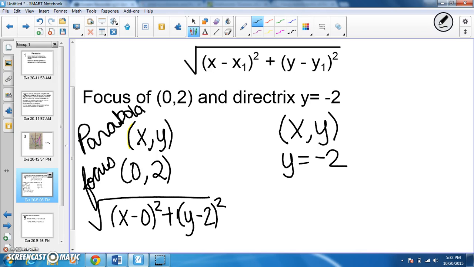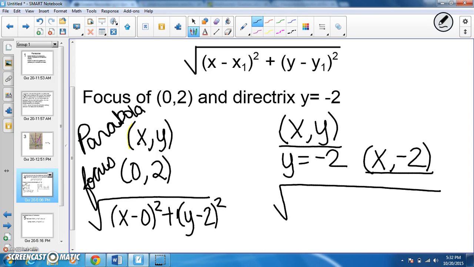So the point that we're going to use from the directrix is (x, -2). We're then going to do the distance formula using our 2 points. So we're going to have the square root of (x minus x) squared plus (y minus -2) squared.